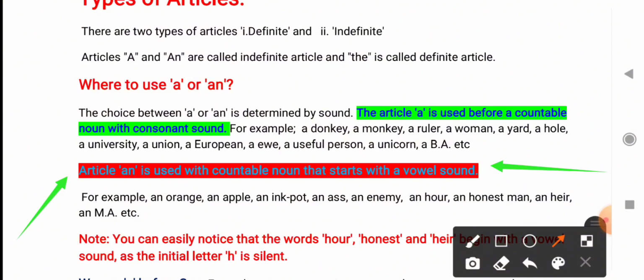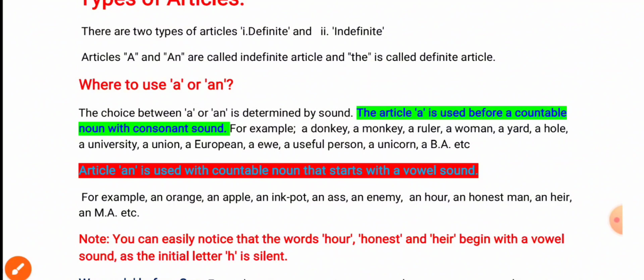Countable means it can be counted. Countable noun, vowel sound, singular noun.